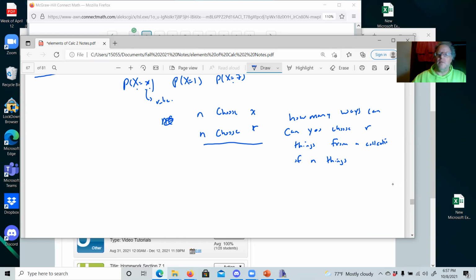Now, one of the things we have to deal with is that order doesn't matter. So we're not picking a president, a vice president, a treasurer, and a secretary. We're picking 4 committee members, and all of those members have the same power, so there isn't any ordering.